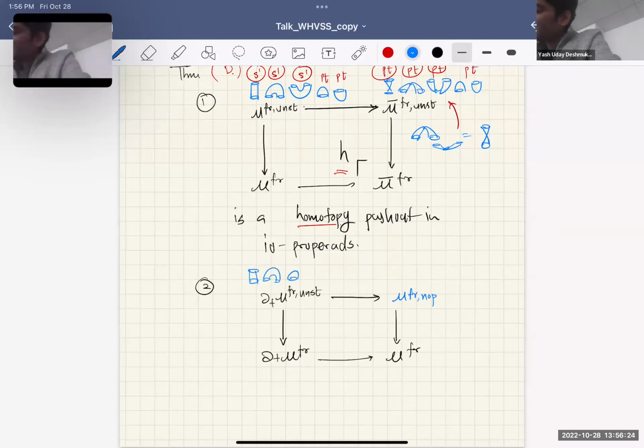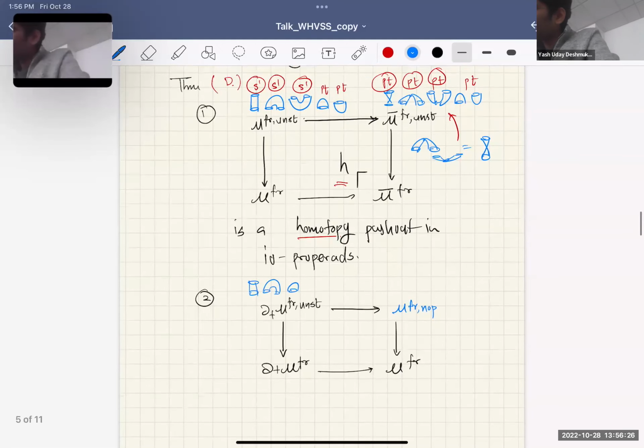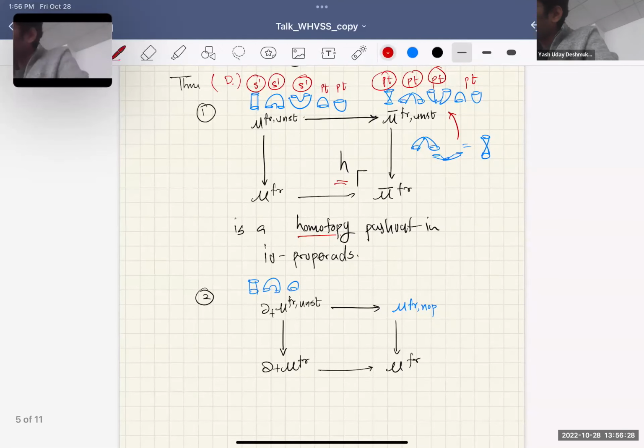Remember, this is surfaces with at least one output. So in particular, you don't have the annulus with two inputs and the disk with a single input. Both of them are not included. The rest of the things are here. This is positive boundary M-framed unstable.